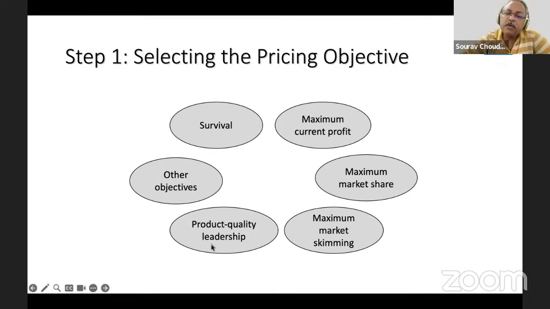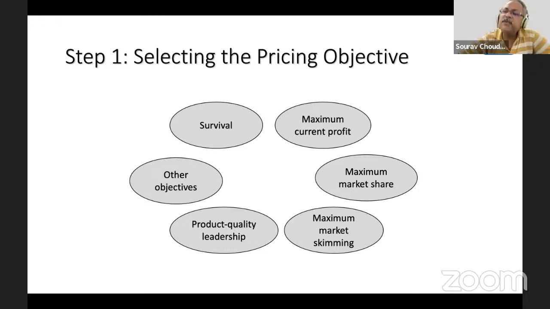Okay. Product quality leadership. Sometimes great companies who have great product quality, something like Apple, okay, iPhones or MacBooks or AirPods, they will never sell it at a low price because it's their image pricing. Their image is for quality and technology.